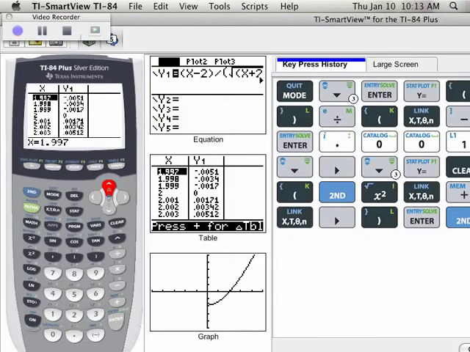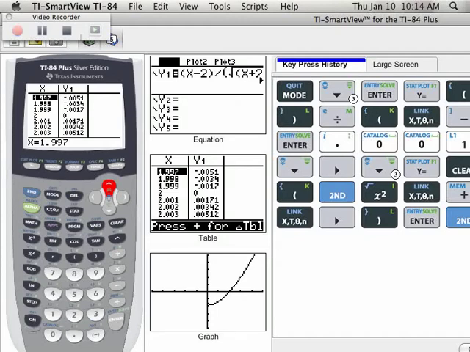As I come from the left side of 2, which means numbers that are less than 2, like 1.997, I look at my limit. Limits are y values. Now I'm looking at the y values. Negative 0.0051, negative 0.0034, negative 0.0017. All getting closer to? 0.